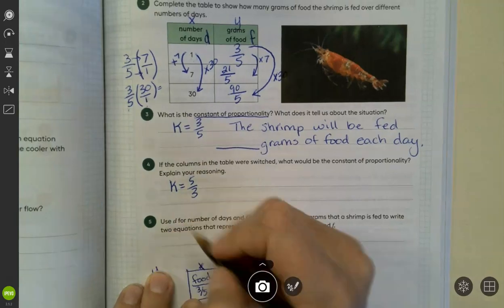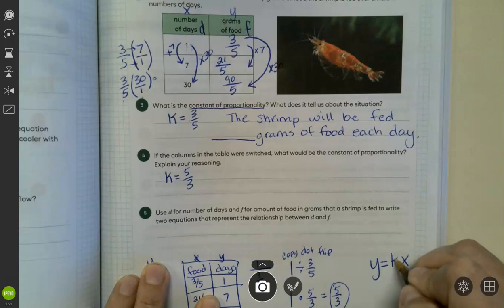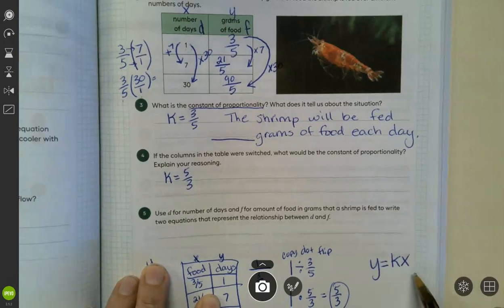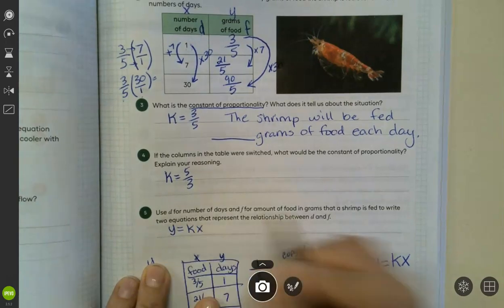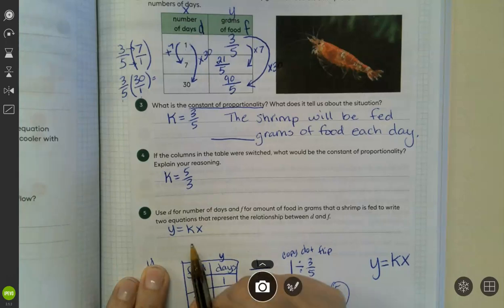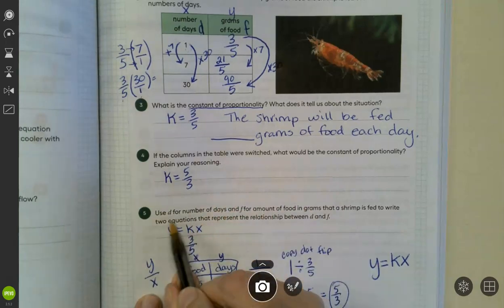When we write an equation, we use Y equals KX. This is just the outline for our rule. Okay, so if I write Y equals KX on this line, I'm going to replace the K with my constant of proportionality, so that was 3/5. But our directions say to use different variables.